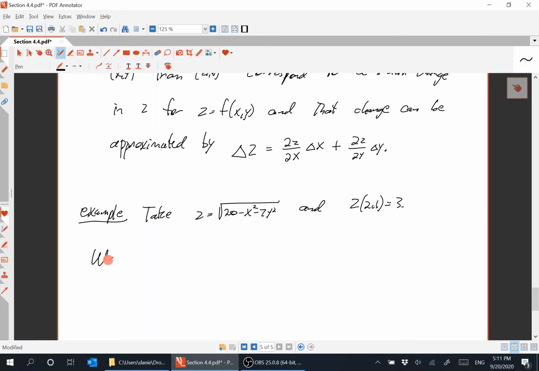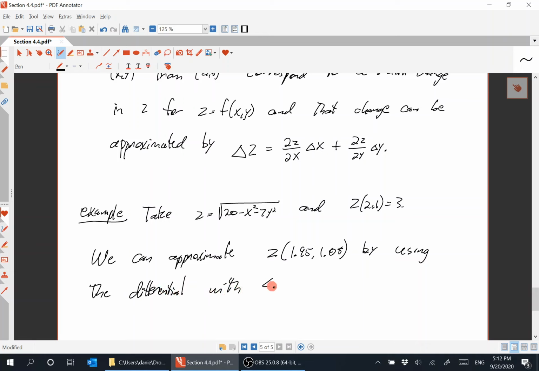We can approximate z(1.95, 1.08) by using the differential. 2 is the starting value for x, so delta x is 1.95 minus 2, that's negative 0.05.